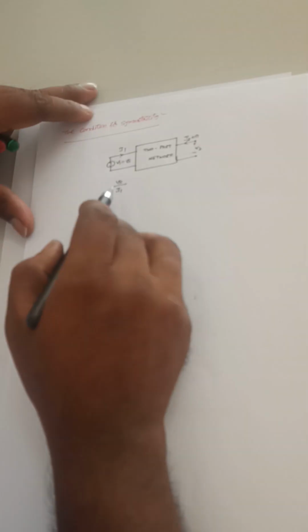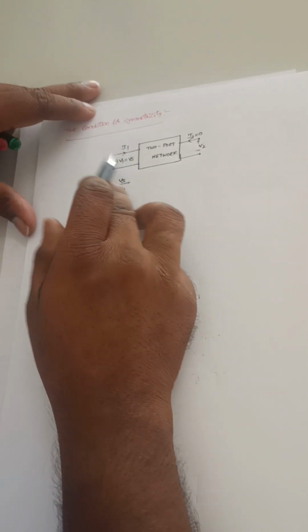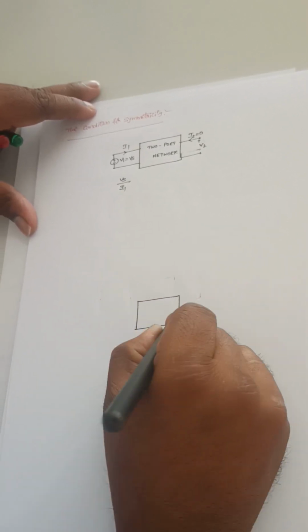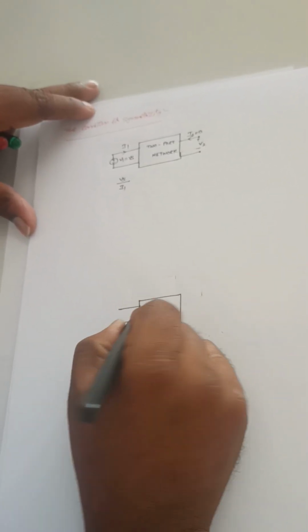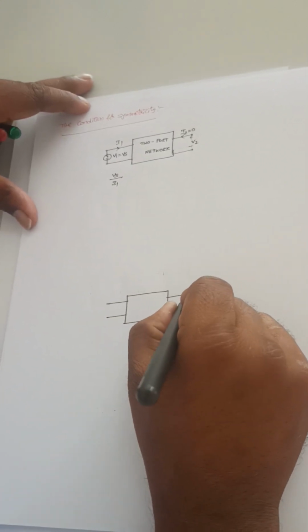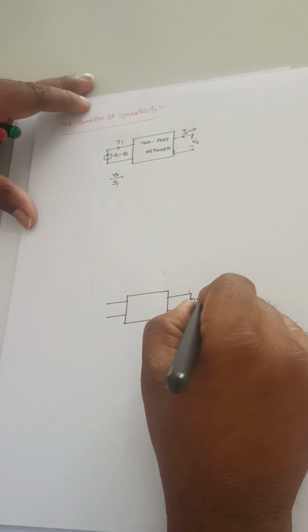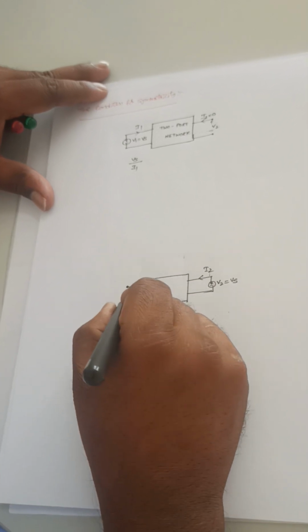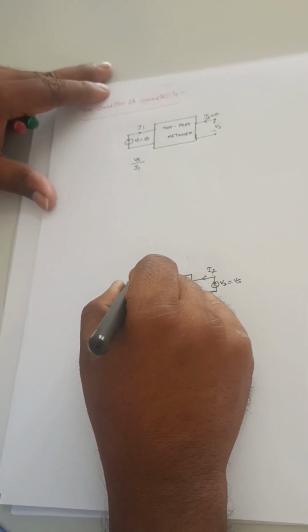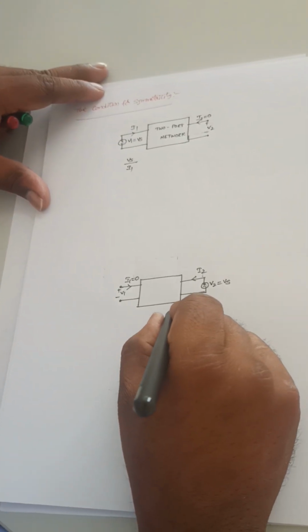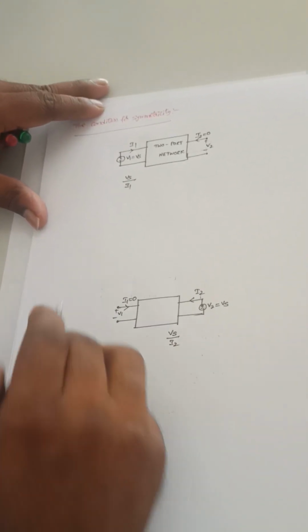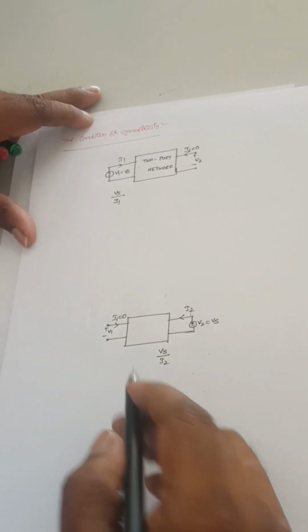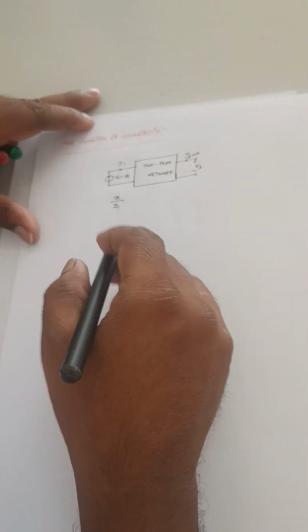Next, the ratio of excitation to the response at one port should be equal to the ratio of excitation to the response at the other port, provided one of the ports should be open circuited. Now it is V2 is equal to Vs and this is I2. This should be open circuited, it is plus and minus, it is V1, and I1 should be equal to 0. Now I need to calculate Vs by I2. These two should be same for the symmetrical networks. So we try to calculate this Vs by I1 now.